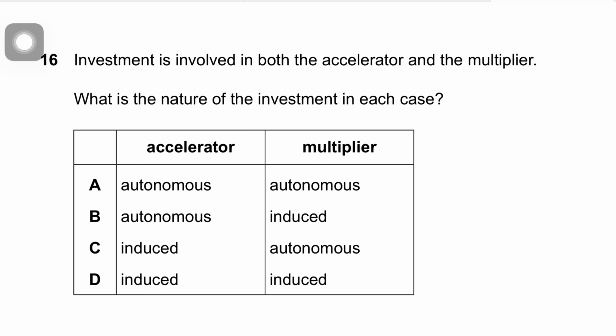The accelerator is when your induced investment is responding to changes in income and national output. If that's going up at a faster rate, the accelerator kicks in. So in that sense, the answer to question number 16 has to be C for Charlie, right?